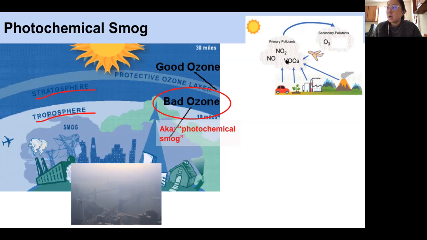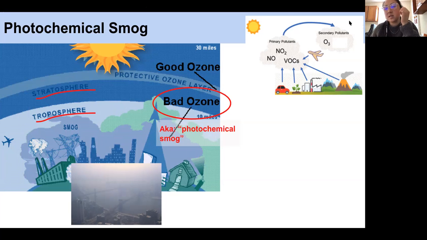These are like CO2, other types of carbon air pollutants, carbon monoxide. They get into the atmosphere in this form. And then, just like always, the sun breaks the bonds that bond together nitrous oxide and whatnot, and then they recombine in the atmosphere and form secondary pollutants like ozone.